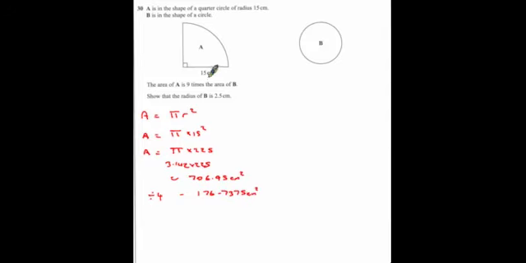Now that is the area of A. So we're now told that that is 9 times the area of B. So we need to take our 176.7375 and we need to divide that by 9. If we do that, the answer we get is 19.6375 centimeters squared. That is the area of B.